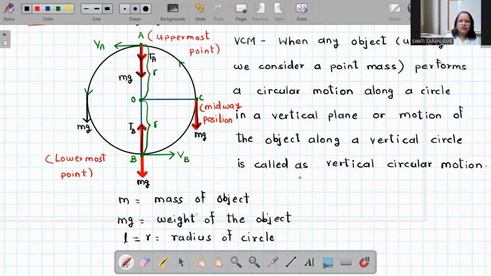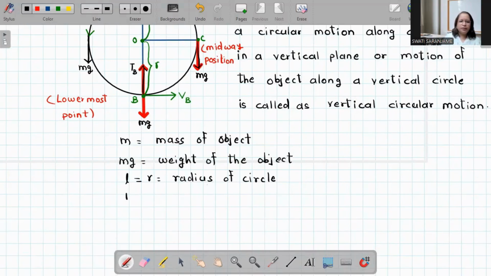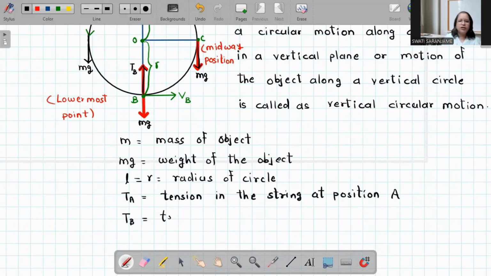So TA is the tension in the string at position A, and TB is the tension in the string at position B.